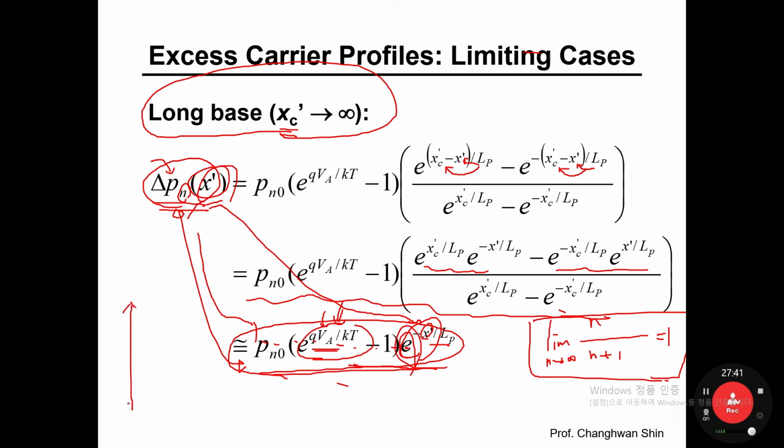If I draw delta p sub n of x prime, at 0, that point is x n, the depletion layer edge. That value is described as like that, not a straight line. However, when the physical length of the n side becomes aggressively shortened, then the curve looks like that. But in the end, it looks like a straight line.